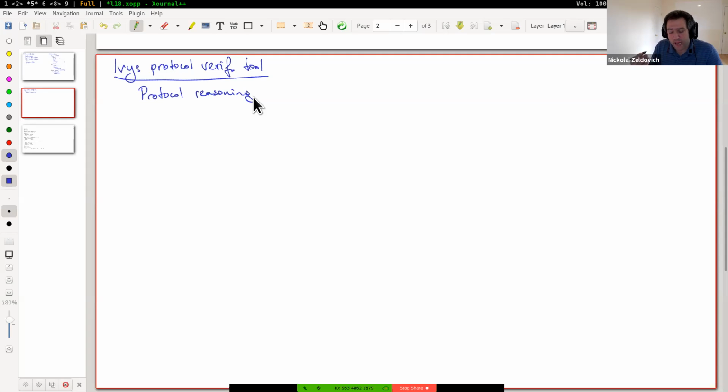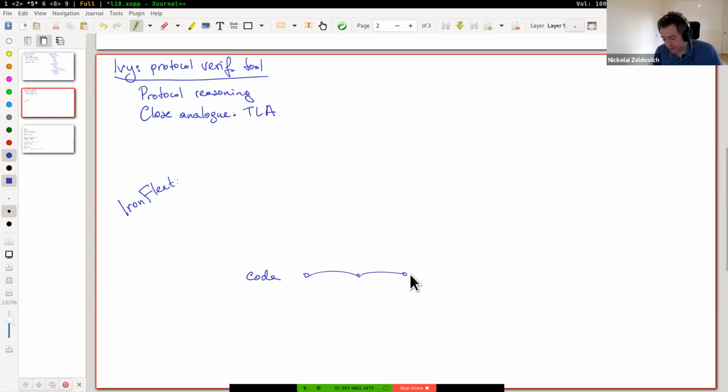The closest analog to this that we've already seen in the IronFleet lecture is TLA, or the TLA way of logic. And we saw this in the IronFleet paper. Just to remind you what's going on in IronFleet, here's a reminder from last lecture. At the bottom, we had code transitioning between code states.